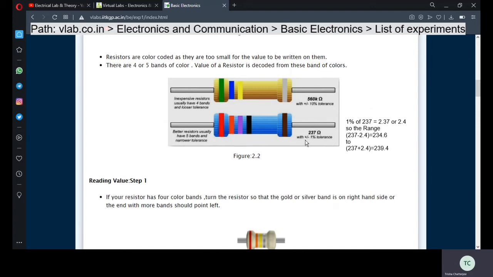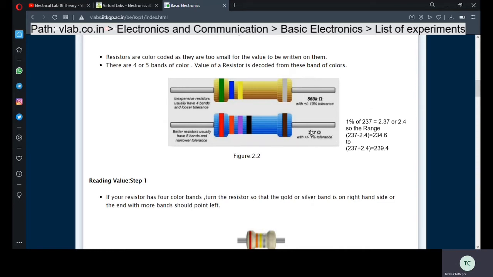Why? Because it has a plus minus tolerance value of 1%, right? So 1% means 2.3 or 2.4. Adding this to 237 means it will become 239.4 ohm, right? So up to that 239.4 ohm is acceptable.